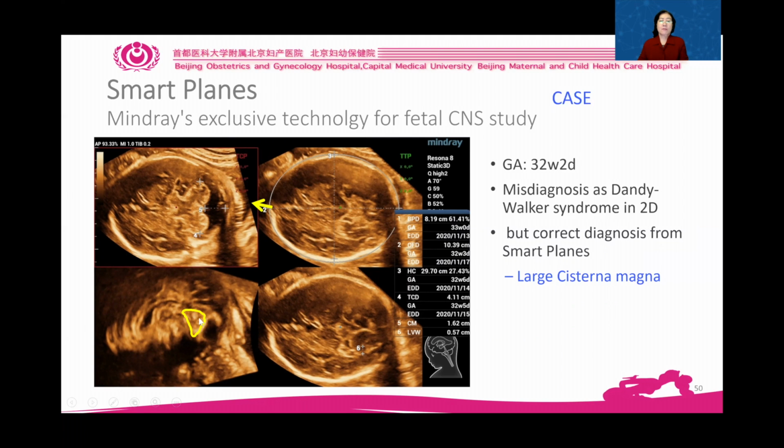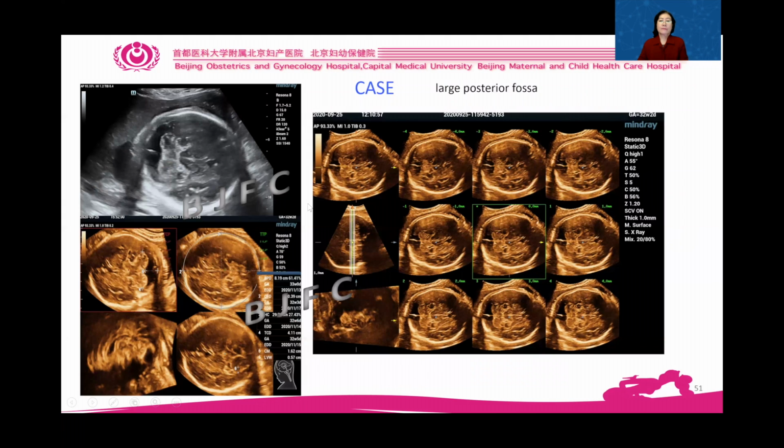You can see the vermis is normal. This case is a large posterior fossa, and we can quickly get the 6 measurement values.